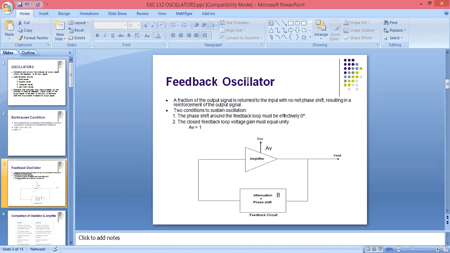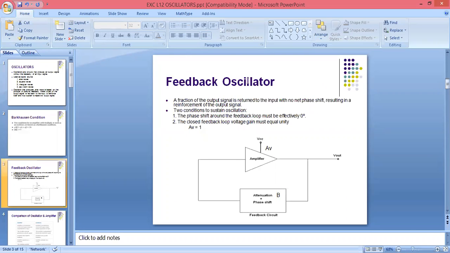So what we can say, to test the performance of the stereo amplifier, we need signal of variable frequency, and that will be in the audio range. So audio range is nothing but it is 20 hertz to 20 kilohertz. So we can use oscillator to test the performance of stereo amplifier.